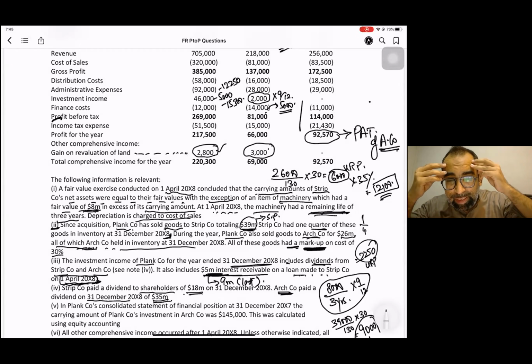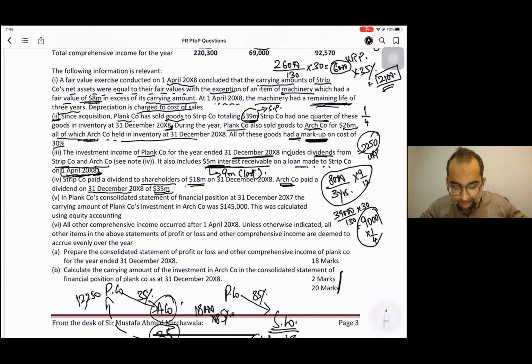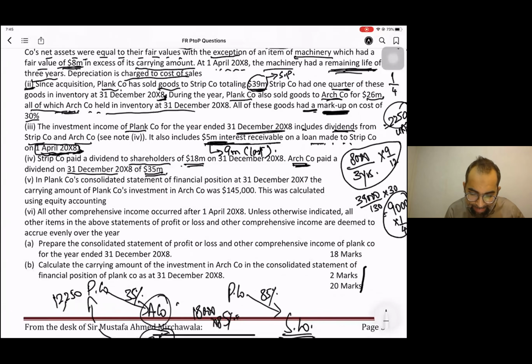But there is something written in note number 6. See, note number 6: all other comprehensive income, meaning OCI, all OCI occurred after 1st April X8.